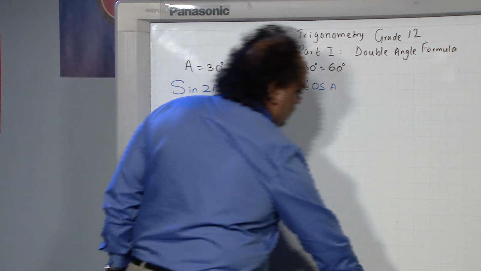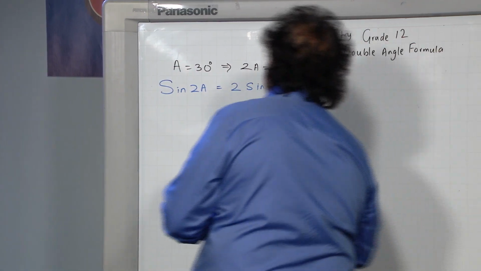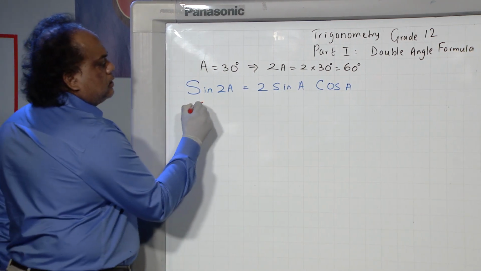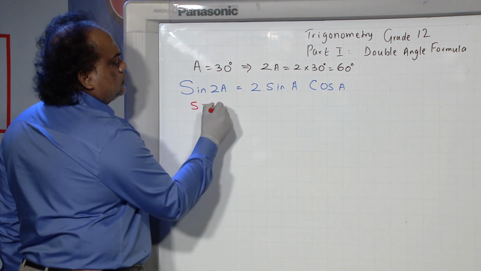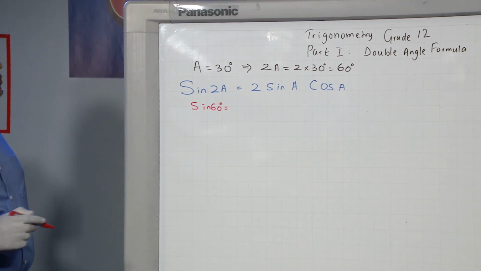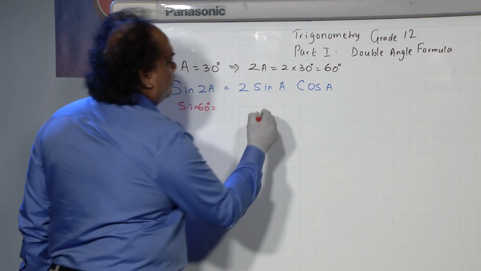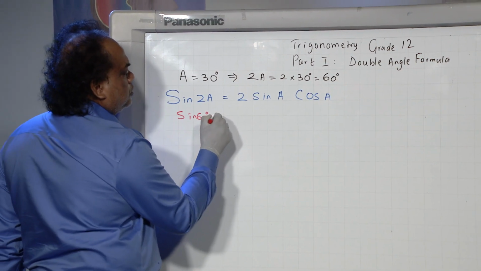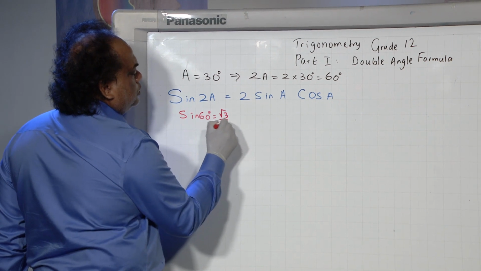I would like you to verify it at home. Take your calculator, calculate sine 60. Then note the answer, which gives you root 3 over 2.